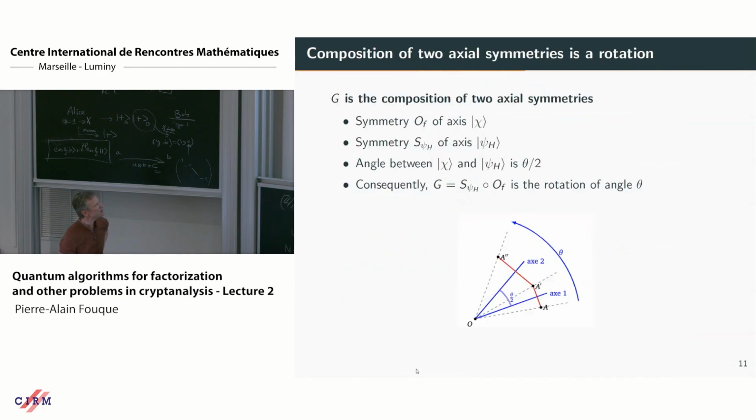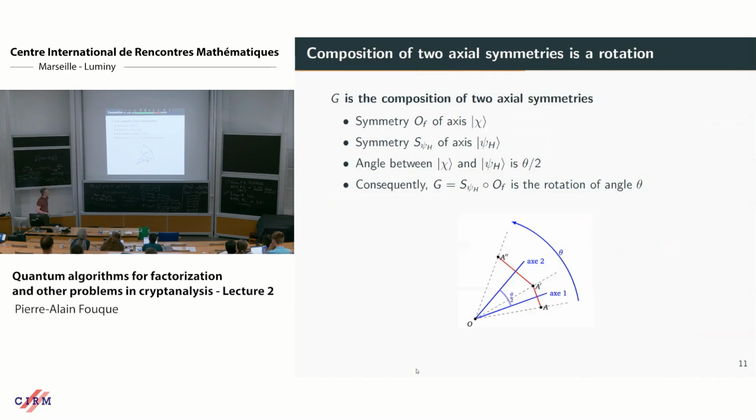To see that it is some rotation, you just see that if I compose two axial symmetries, with this axis here, and now with that axis, this corresponds to a rotation where the center of the rotation is the intersection of these two axes, and the angle is twice the size of the angle between the two axes.